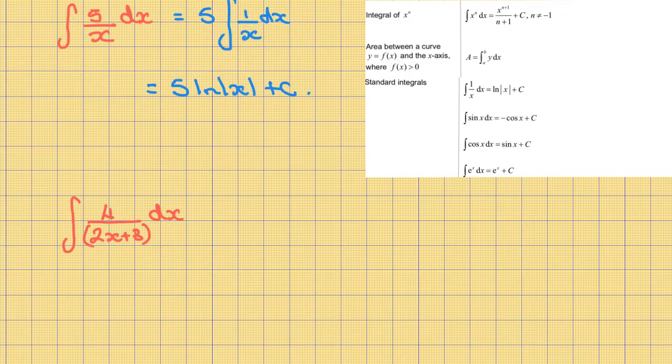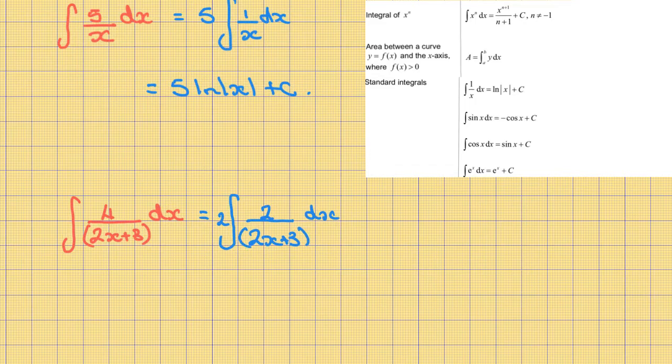Right, the integral of 4 over brackets 2x plus 3 dx is equal to 2 lots of the integral, I've just factored out 2, of 2 over 2x plus 3 dx.